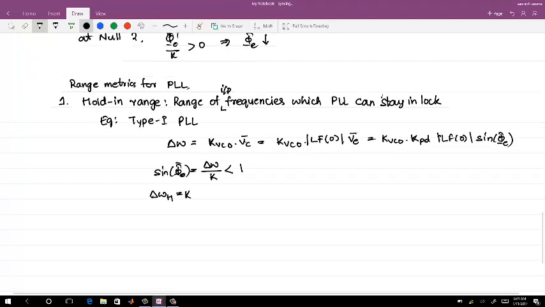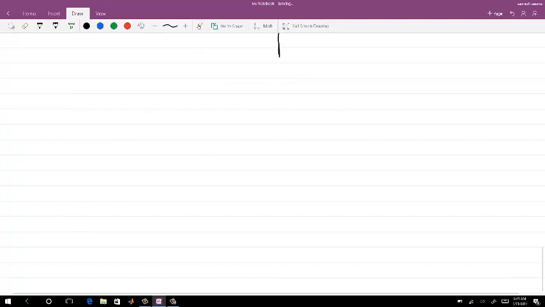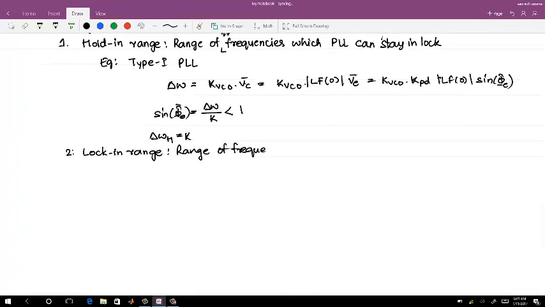Okay. Now the second range is defined as the lock-in range, which is the range of frequencies which the PLL can lock without cycle slipping. So let's see what cycle slipping is.